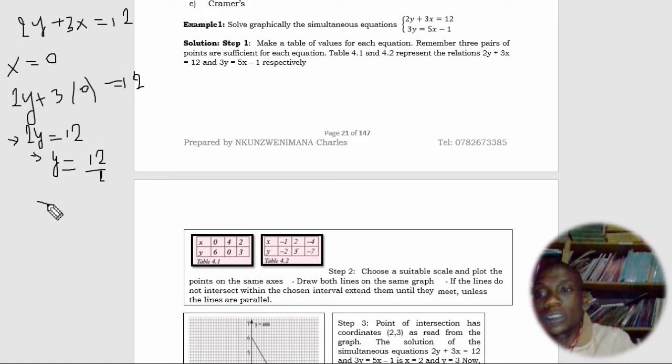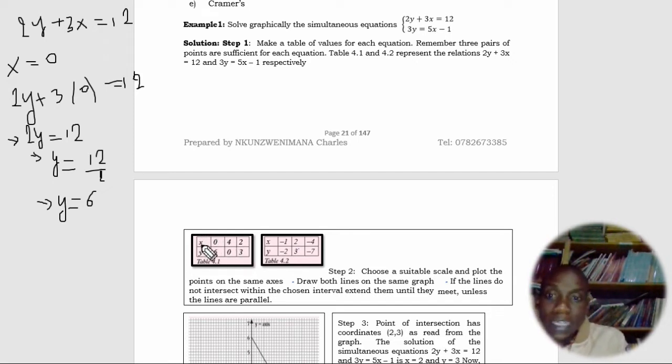And this is equivalent to y, which is equal to 12 divided by 2, you know that equal to 6. Now y is 6. That is, if x equals 0 in the first question, y equals 6.